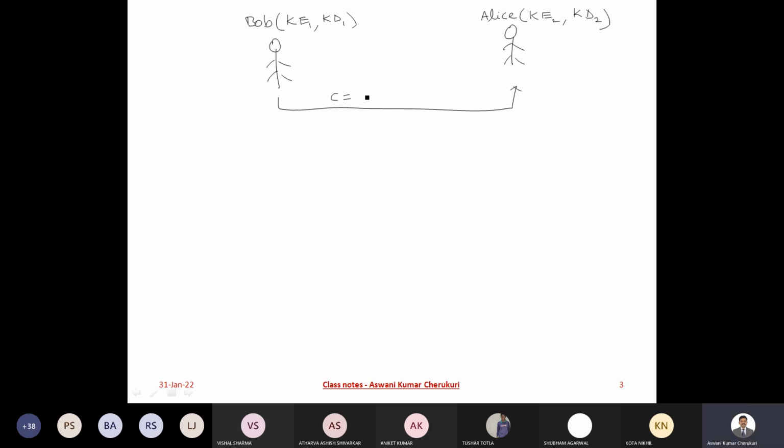C is equal to E of M comma, which key? KE2. Once Alice receives it, she will get back the message: M is equal to D of C comma KD2.